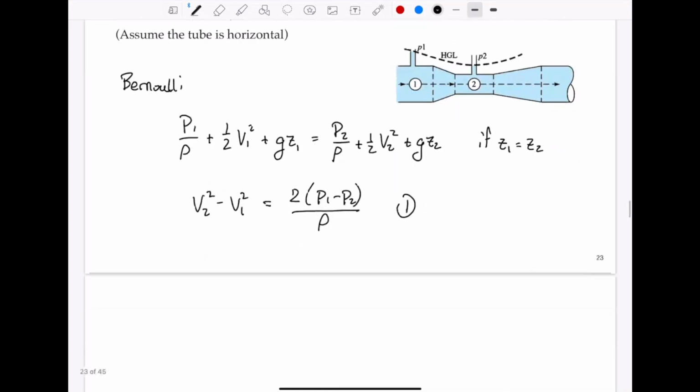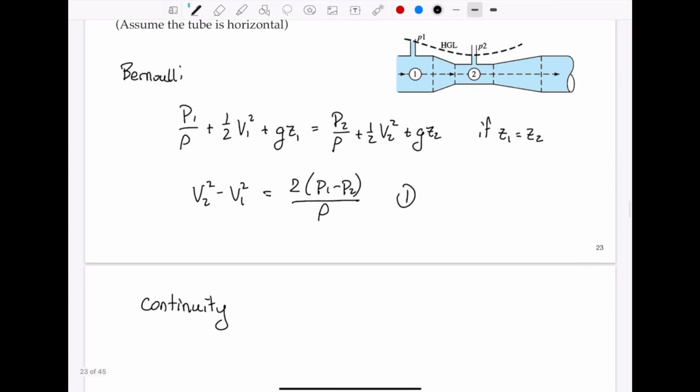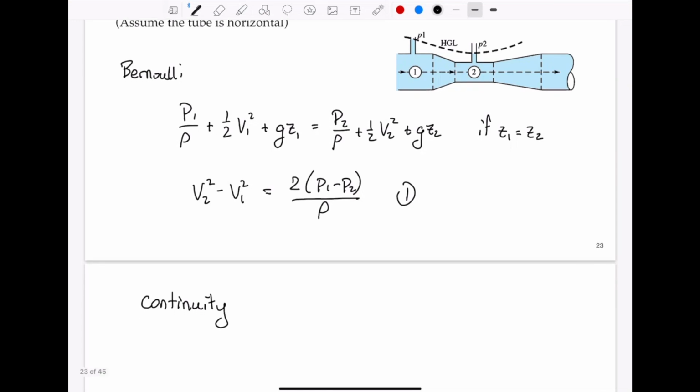So we have one equation. Our next equation that we can use for incompressible steady flow is our continuity equation. So our continuity equation, Q1 is equal to Q2, so we have A1 V1 is equal to A2 V2.